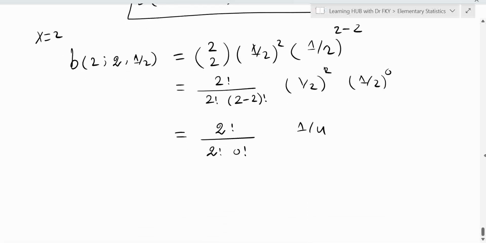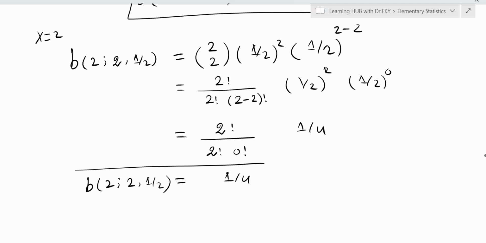This means that this can be cancelled, so the probability is 1 divided by 4, which is the same as we calculated by using the normal probability rule.